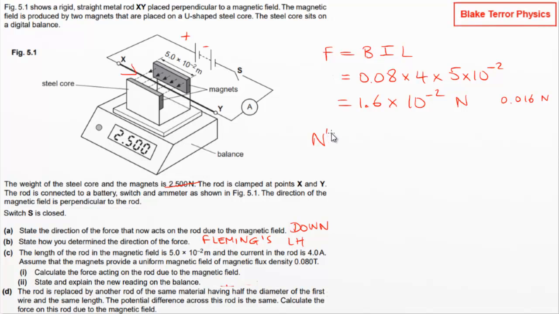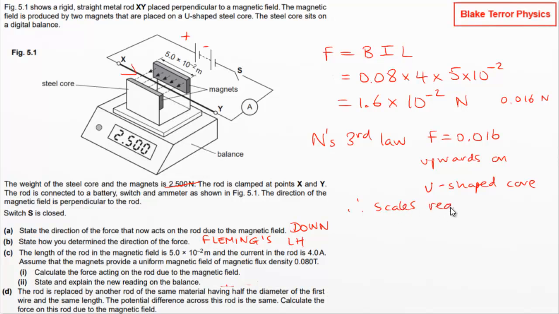So Newton's third law means we've got a force equal to 0.016 upwards on magnets or U-shaped core. So therefore our scales will read 2.5 minus 0.016, which is 2.484 newtons.